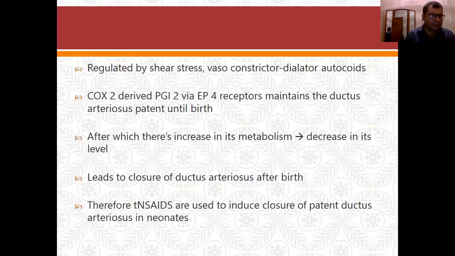For vascular activity of prostaglandin, prostaglandin D2 causes vasodilation, a vasodilatory effect. Overall, prostaglandin causes vasodilation.